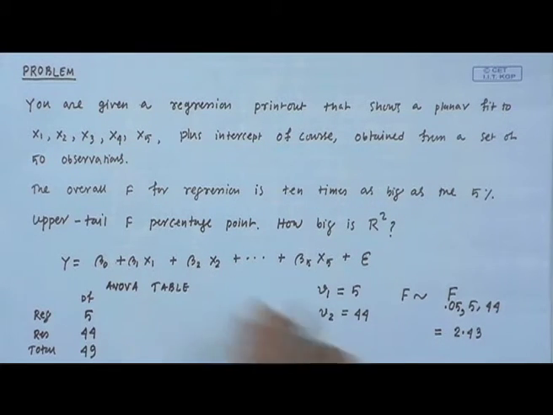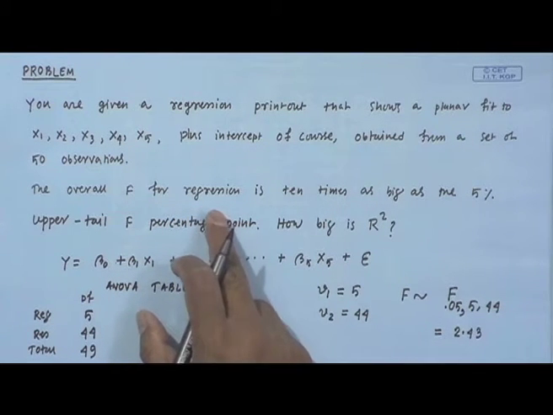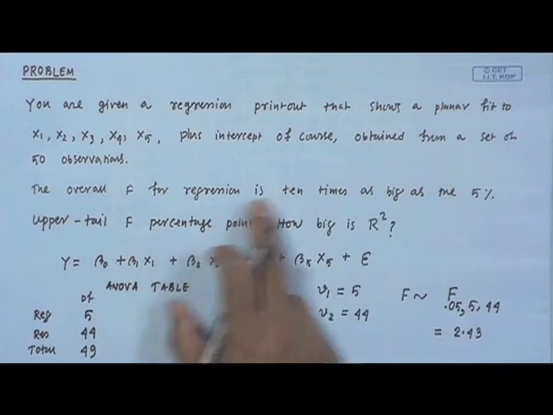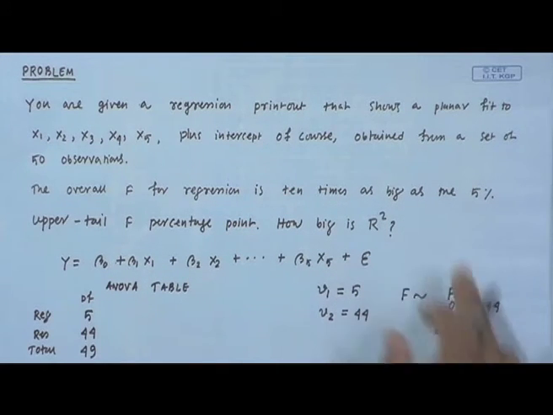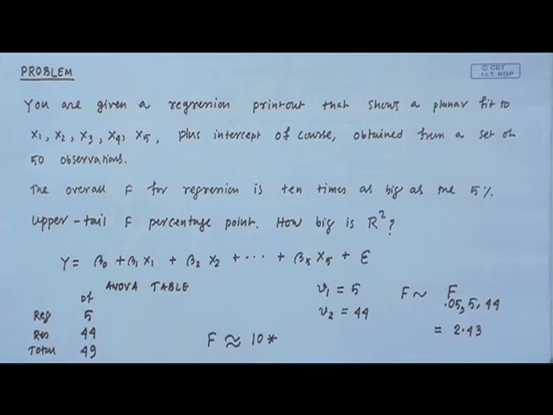So, your observed f value is equal to 10 times this tabulated f value, that is 2.43, which is equal to 24.3.